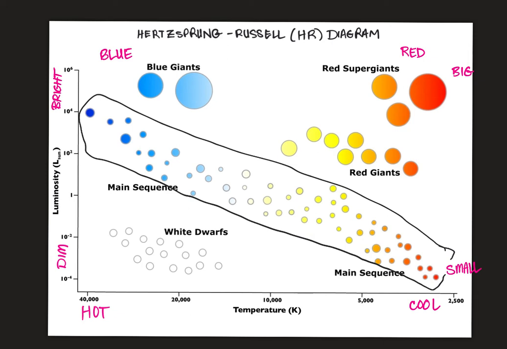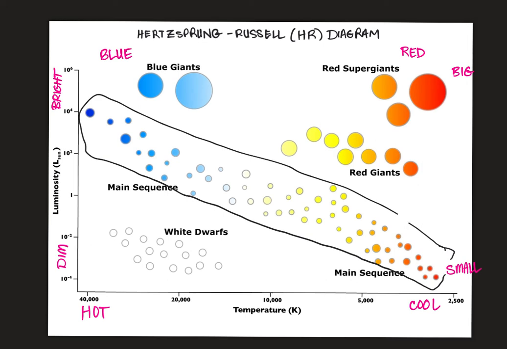These are the stars that are in the main part of their life cycle. They might be pretty big and hot, like our blue stars in the upper left-hand corner of that rectangle. Or they might be really cool, small little stars, like the little red dwarf stars at the bottom right.